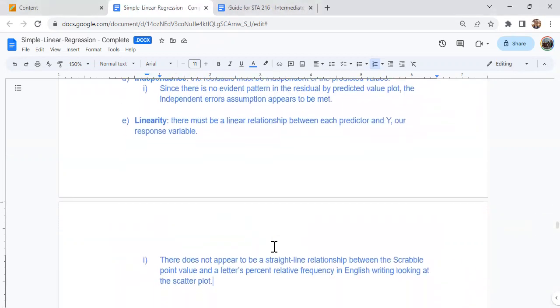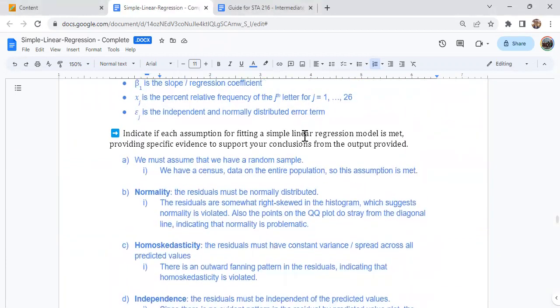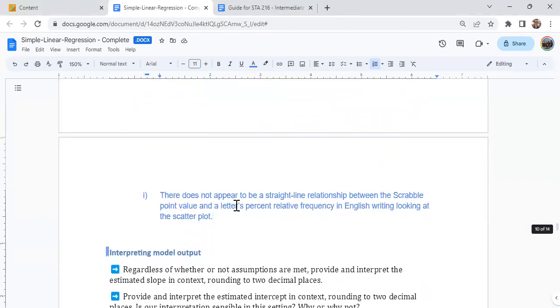And when I say cite specific evidence to support your conclusions, I just want you to say, I looked at the scatter plot. I just want you to communicate that you know which diagnostic plot you were supposed to be looking at and what you were trying to look for, a straight line relationship.